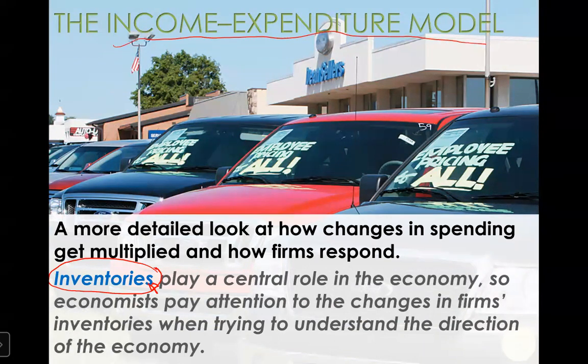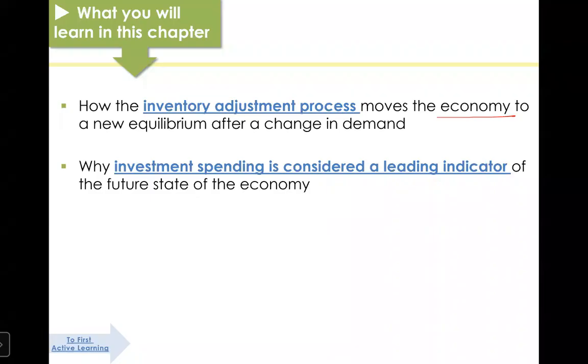Let me give you an example. The car dealership, let's use the example I just showed, using the previous slides. If you go to a car dealership, at the beginning of the season, they have 10 cars.